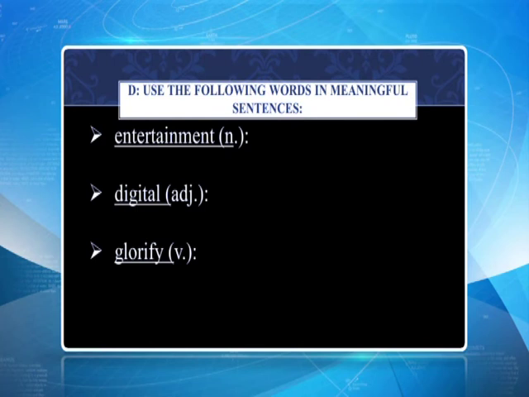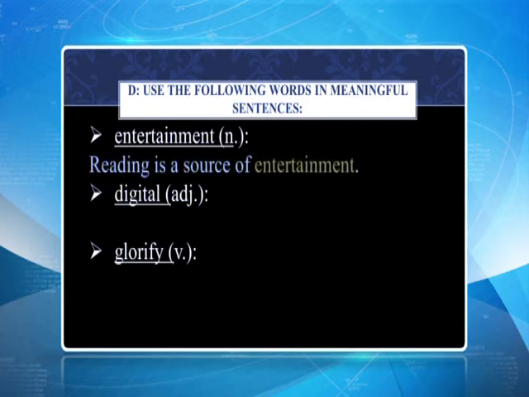We have words, and I want you to use them in meaningful sentences: entertainment, digital, and glorify. Entertainment is a noun, and when you write a sentence, you have to use the same part of speech. For example, reading is a source of entertainment.